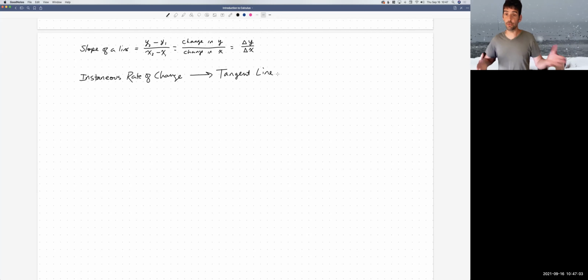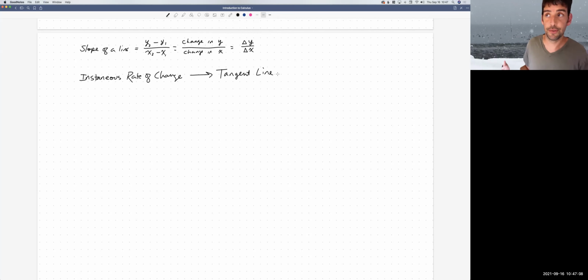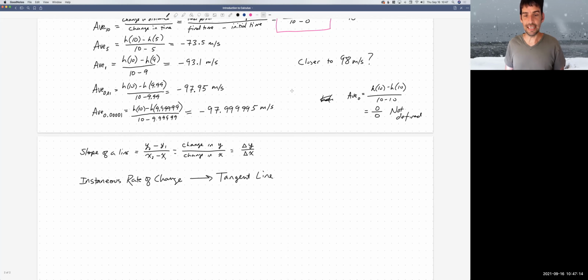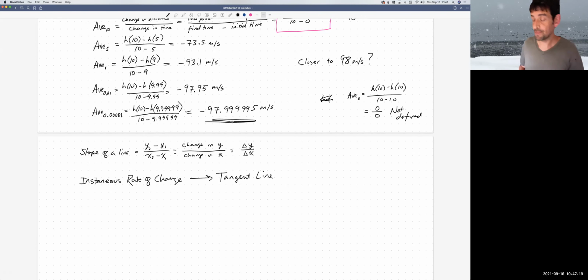The connection is what I just showed you: when we do an instantaneous rate of change, we're looking at average rates of change, and as we compute more and more of them, they seem to be getting towards some number.